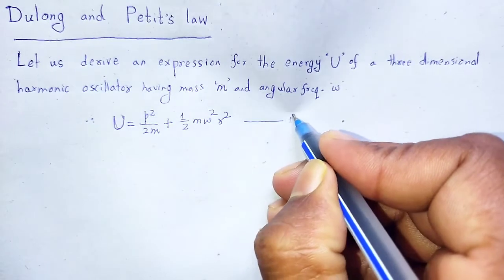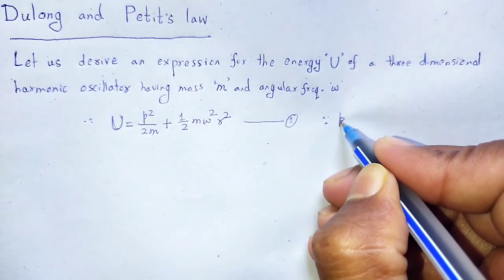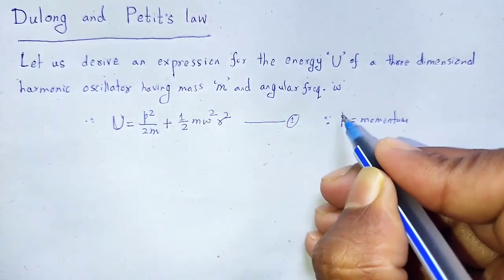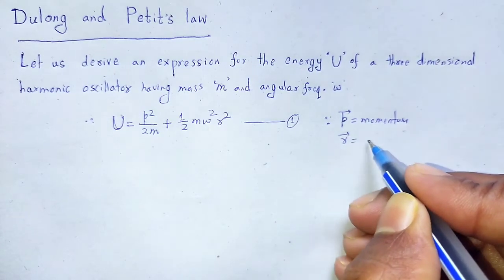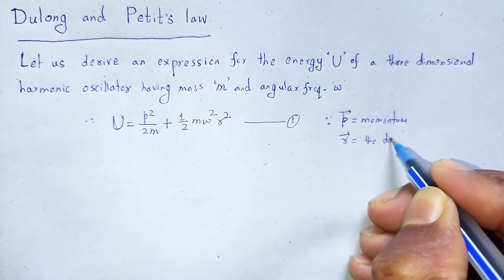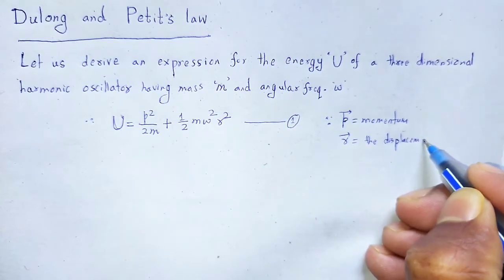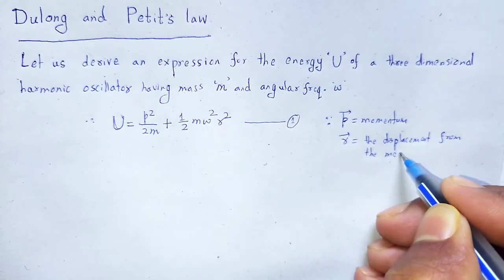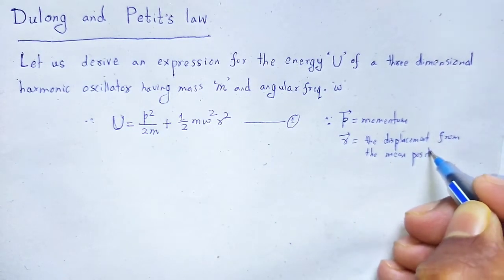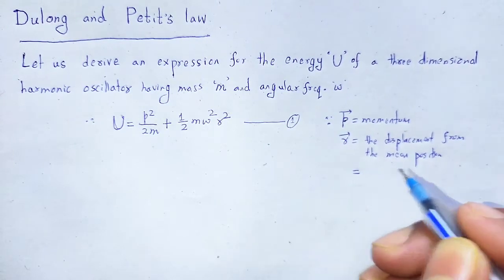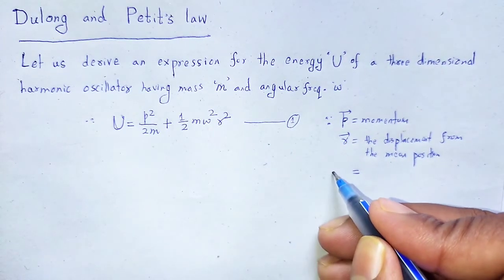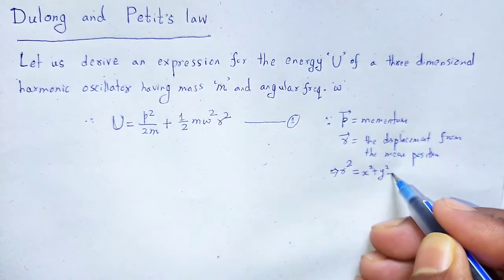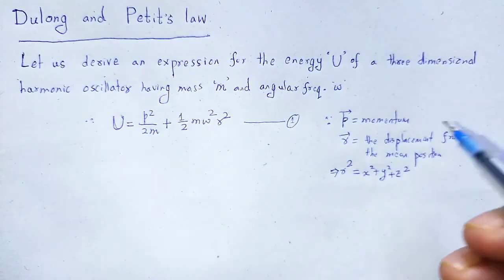That is equation number 1, where p is the momentum and r is the displacement from the mean position, and that is given as r square equals x square plus y square plus z square in 3 dimensions.